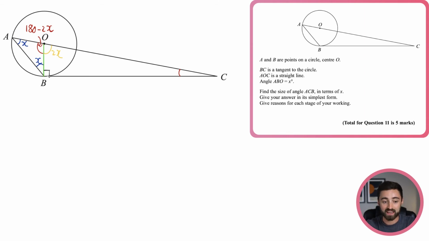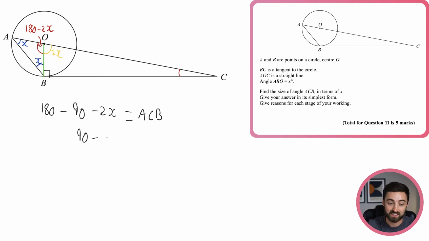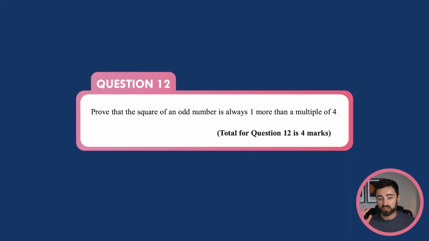We've got 90 here. So if I do 180 minus the 90 minus this angle, that is going to get me my angle ACB. So to simplify this, 180 minus 90 is 90, and then minus the 2x is the angle ACB.